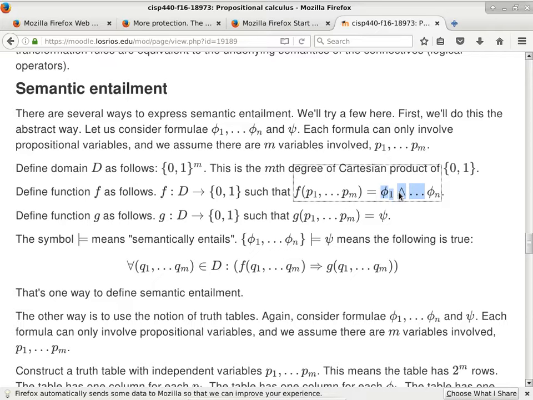It's the conjunction of all the phi's. Is that okay? And can everybody see how f is using D as the domain and has a codomain of just true, false? Yes? Okay.